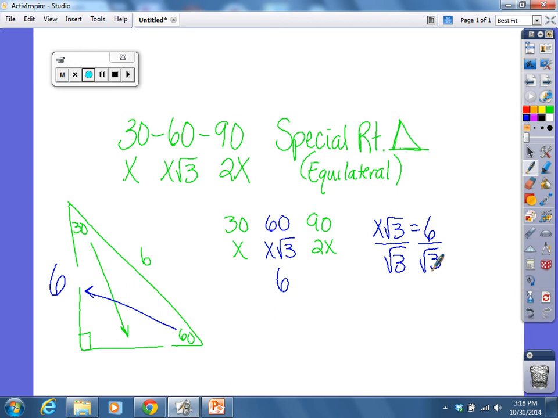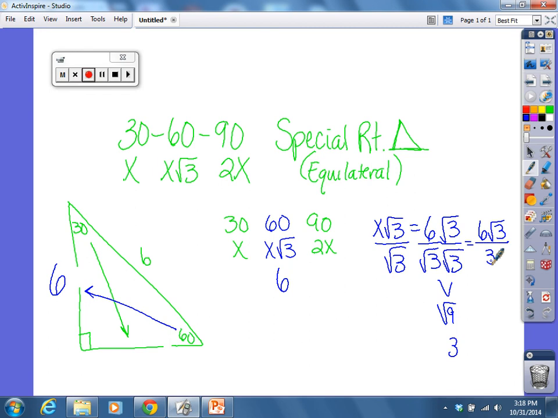So when you divide by the square root of 3, you have to rationalize the denominator, top and bottom. I can multiply across the top, I get 6 square roots of 3, and then I can multiply across the bottom. Square root of 3 times the square root of 3 is the square root of 9, and the square root of 9 is just 3. Okay, so I've got 6 square roots of 3 divided by 3.